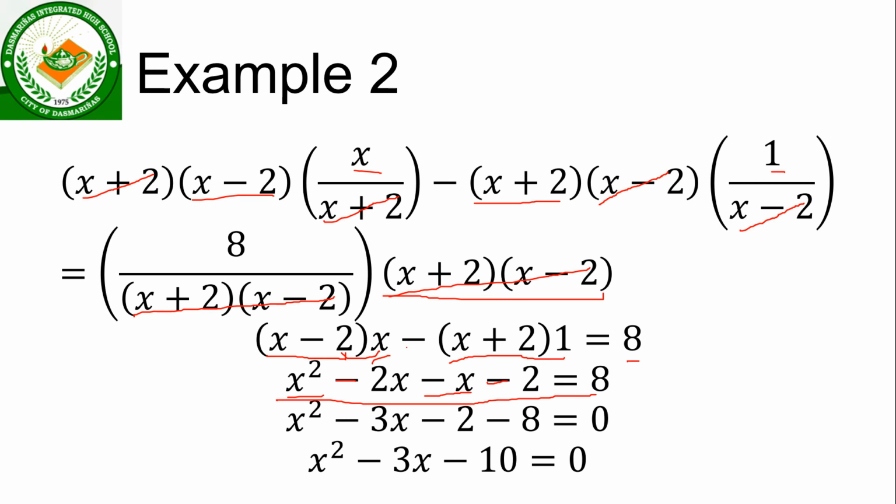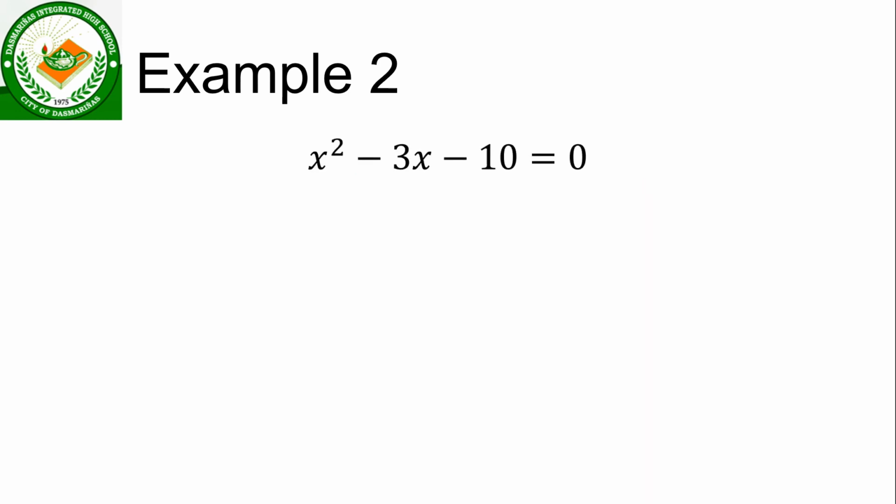And by factoring, because this is a quadratic trinomial, we have here x minus 5 and x plus 2 as the factors of x squared minus 3x minus 10.